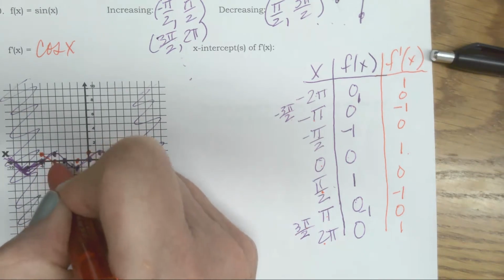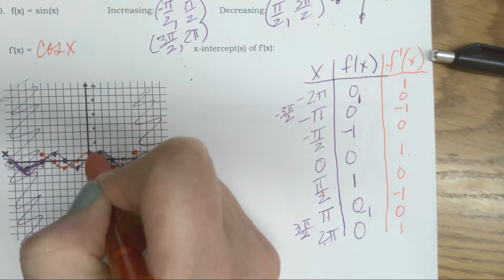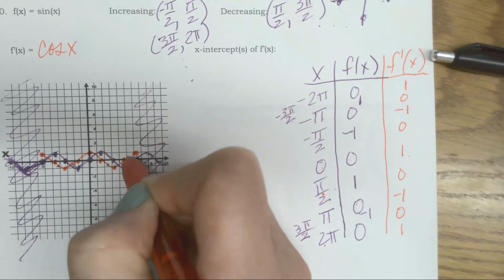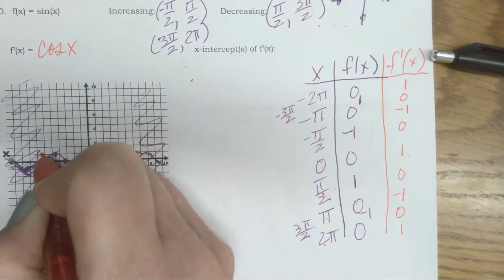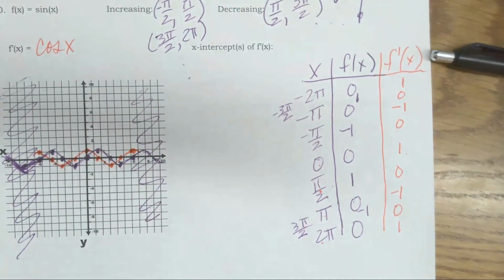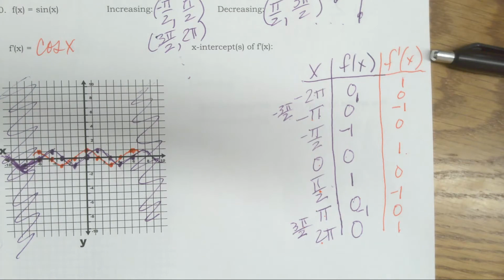And so then, well, we got the most difficult one done. So now I just need the x-intercepts. So where did it cross the x-axis? Just my red part. Where was this one?